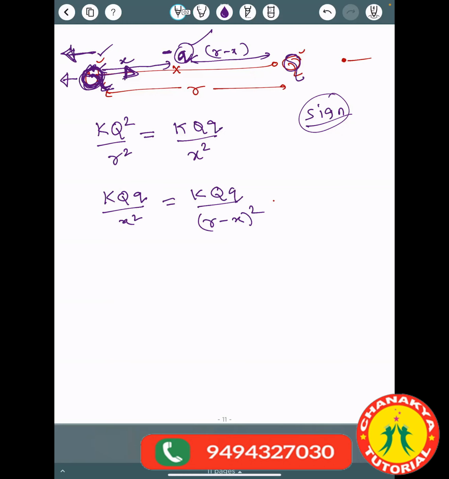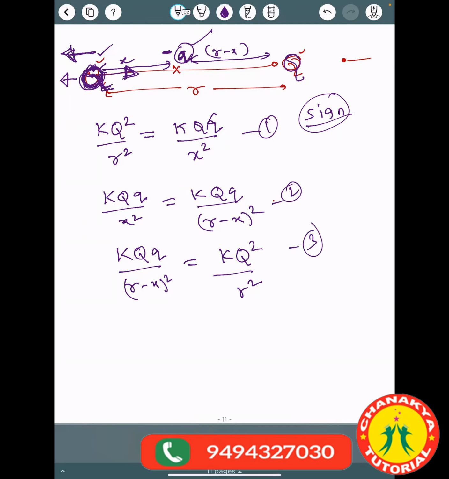And one more equation you can write is kQq by (r minus x) squared should be equal to kQ square by r square. So you have three equations, 1, 2, and 3. You take any two equations and solve, and you will get the value of q, its position, and the sign of that q. Of course, it will be negative.